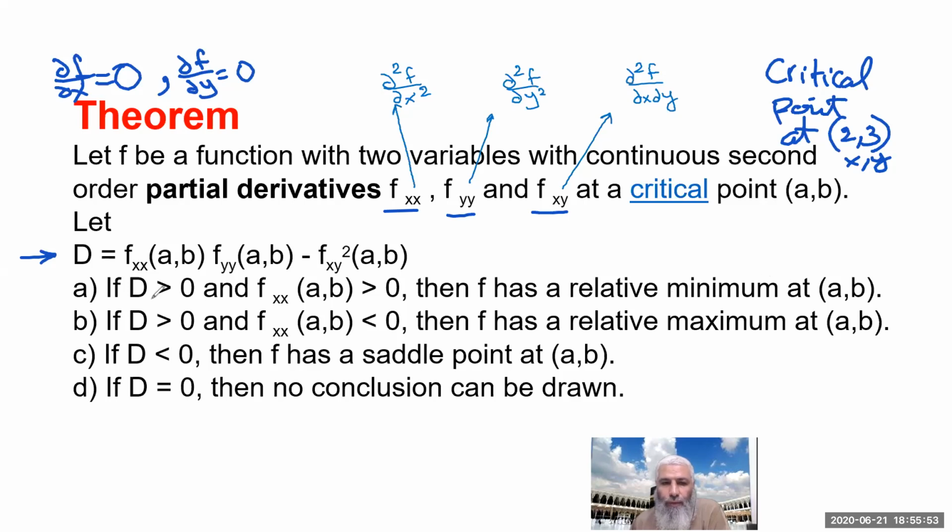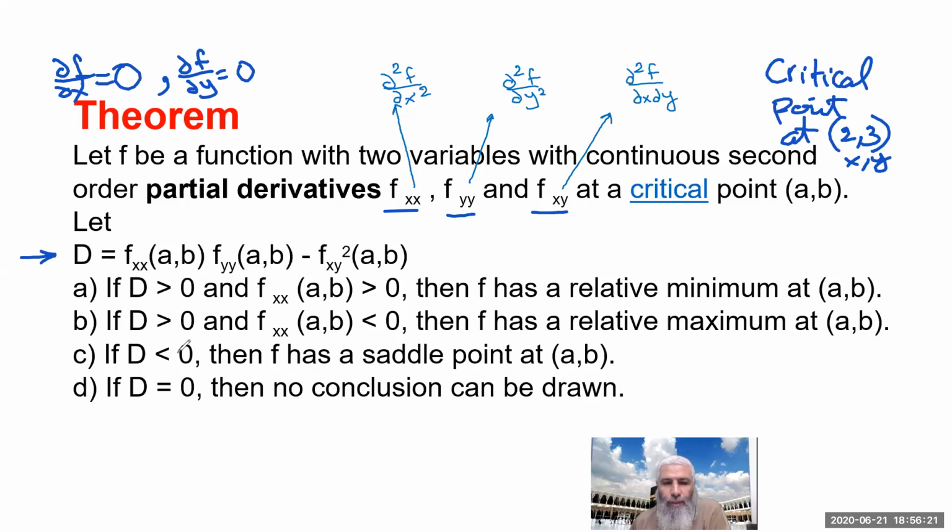If D is greater than 0 and fxx is greater than 0, this is a relative minimum at (a, b), which is (2, 3), let's say. If D is greater than 0 and fxx at (a, b) is less than 0, then f has a relative maximum.